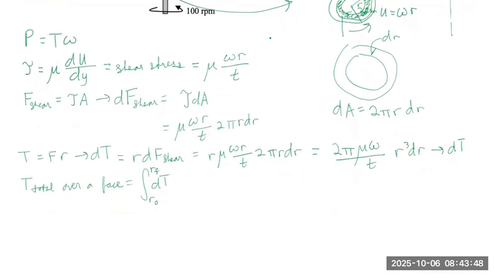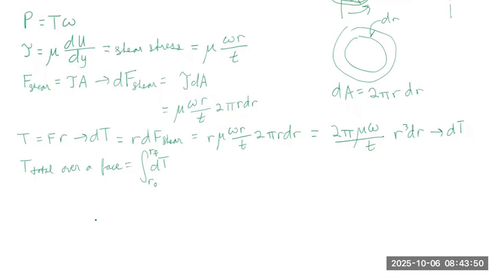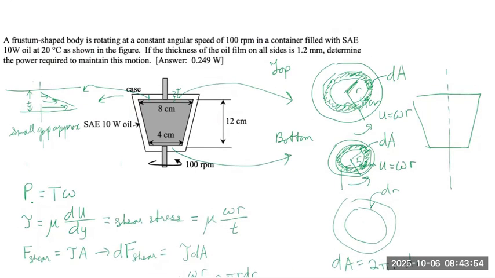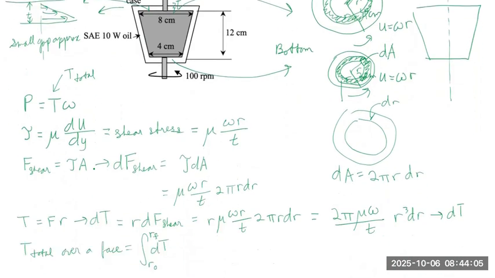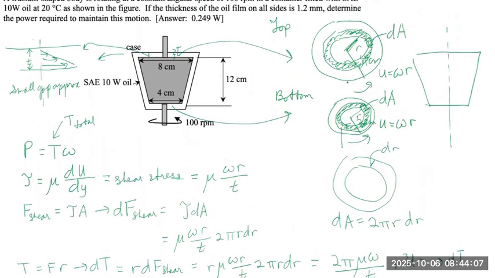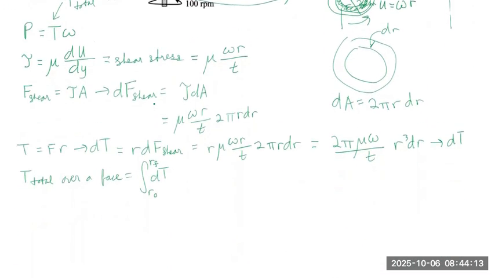Before we do that, let us write a general equation for the sum of the torques, because the sum of the torques is going to be plugged in over here. It's going to be T total. And what this T total is actually, is the sum of the torques on the top face, the bottom face, and also on the sides from the viscous shear forces.